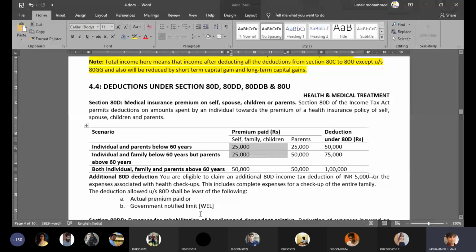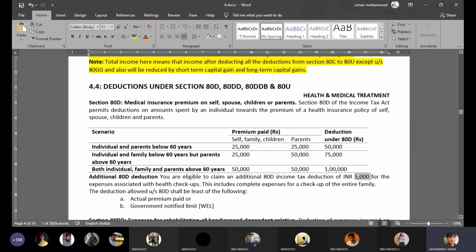Okay, so this is section 80D for you, which says you can claim the amount of premium you have paid towards medical or health insurance policy of self, spouse, children or parents. And these are the notified amounts. And in addition to this, you also can claim 5,000 towards preventive health checkup.